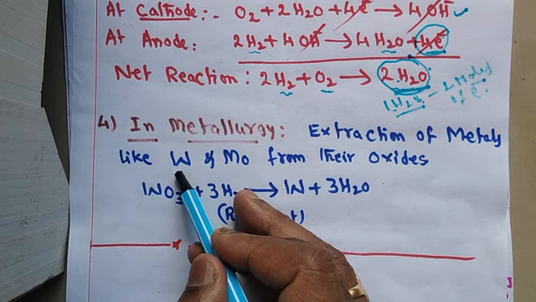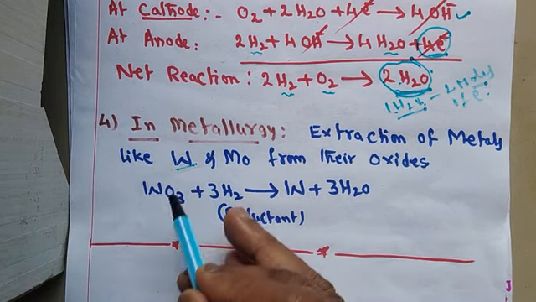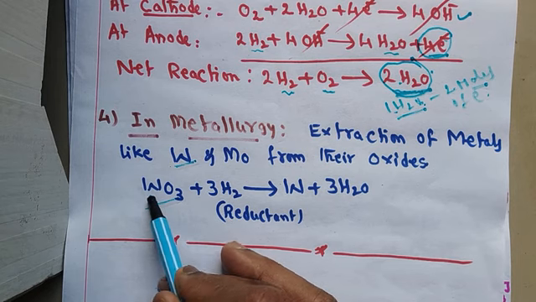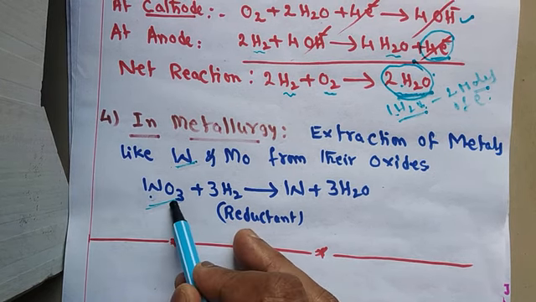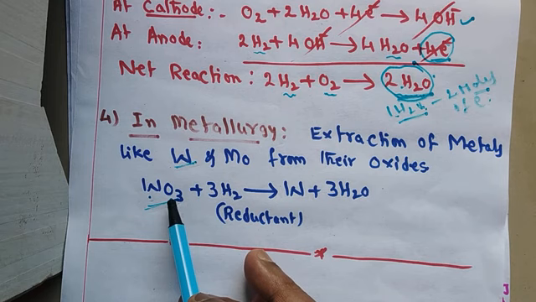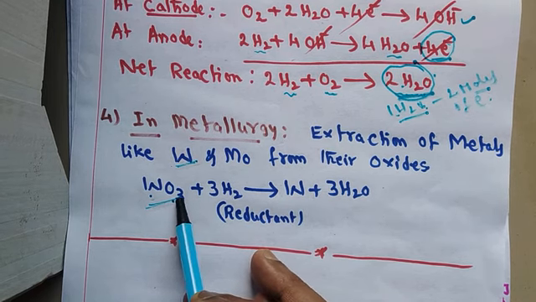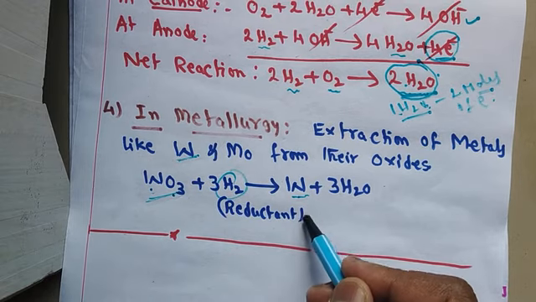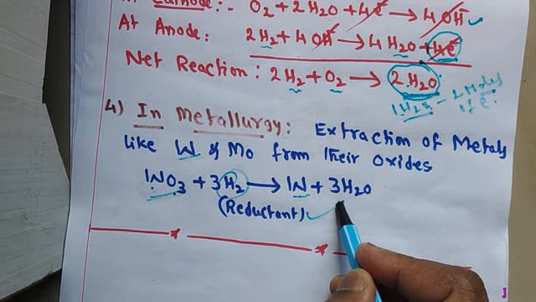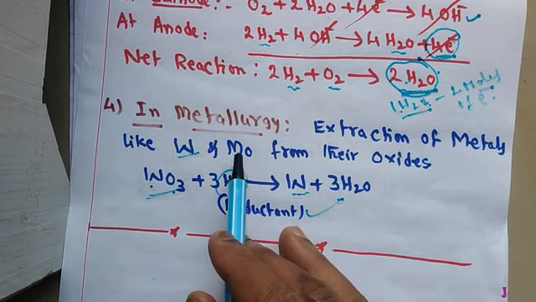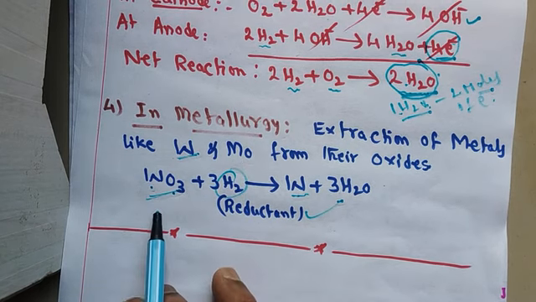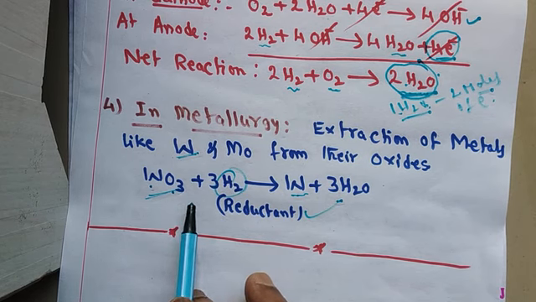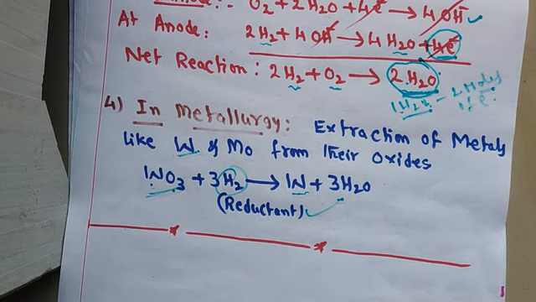For the extraction of tungsten, the corresponding compound used is tungsten oxide. Tungsten oxide is reduced to tungsten, so hydrogen acts as a reductant, children. Likewise, for the extraction of molybdenum, molybdenum trioxide reacts with hydrogen and is reduced to molybdenum metal, children.